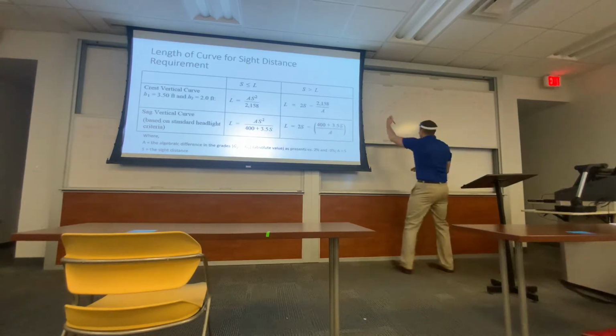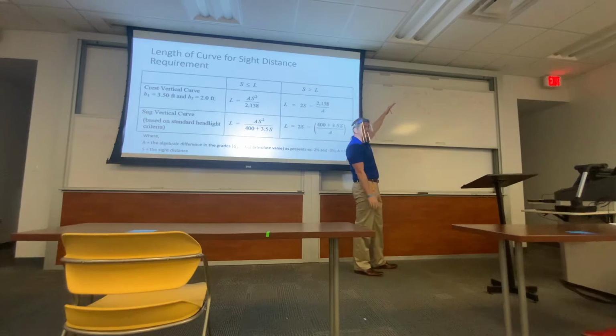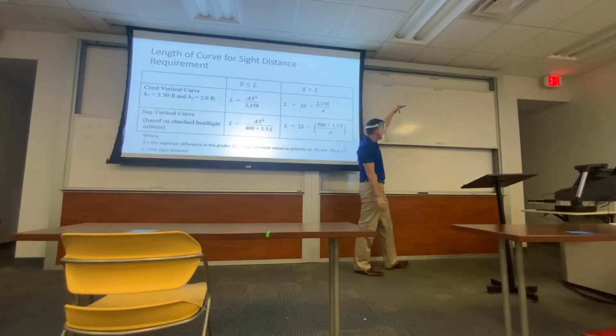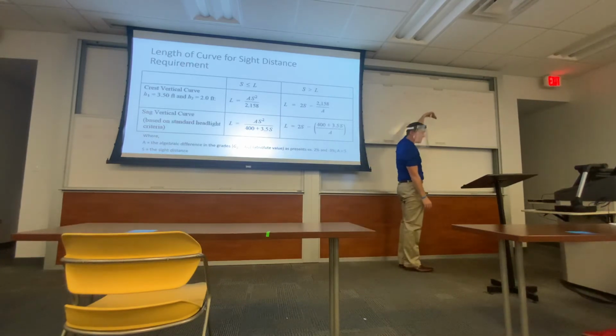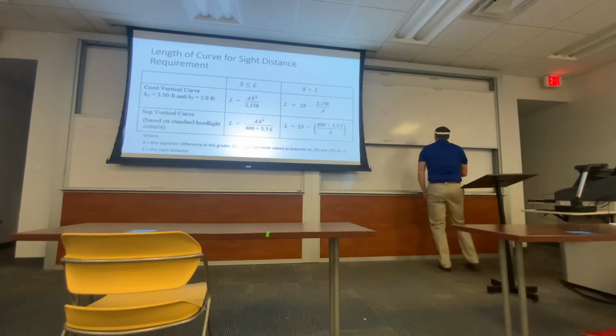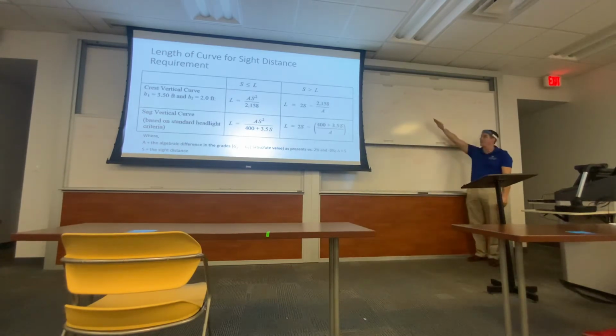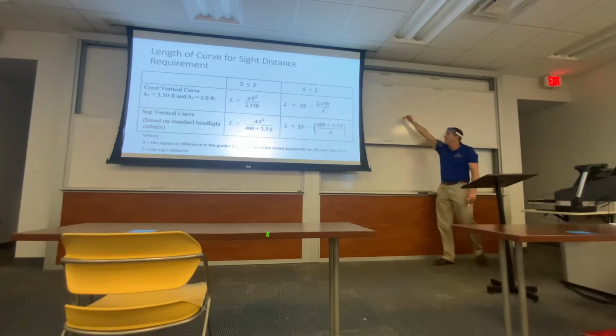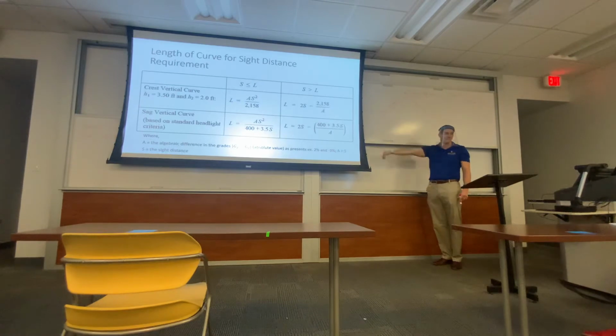As I'm driving this way, 3.95 is a positive grade and negative 4.25 is a negative grade. However, if I were on the opposite side of the road driving this way, 4.25 is a positive grade and 3.95 is a negative grade. So there are 4 potential grades to use.